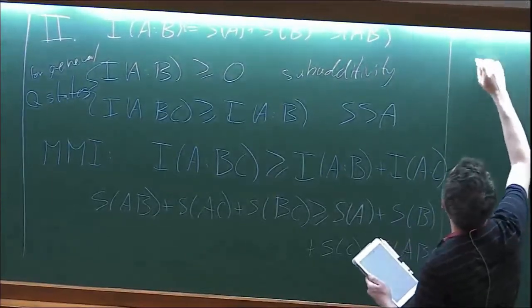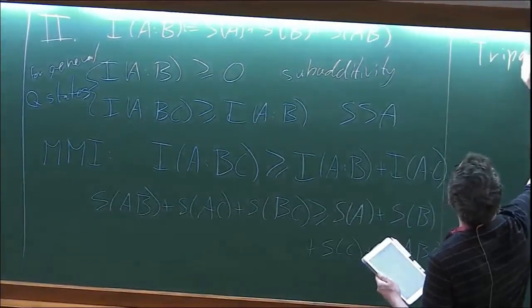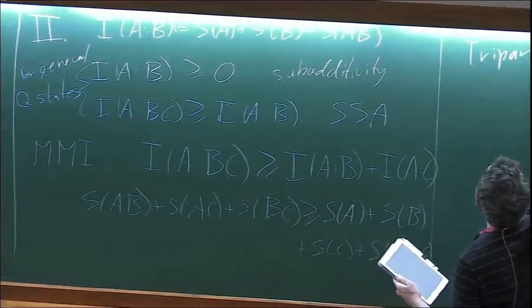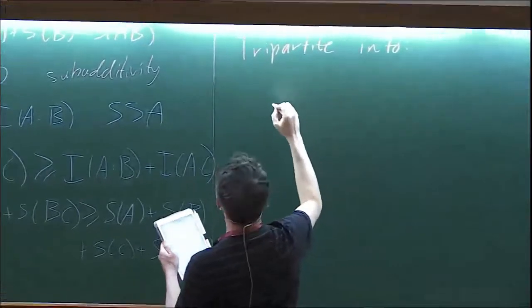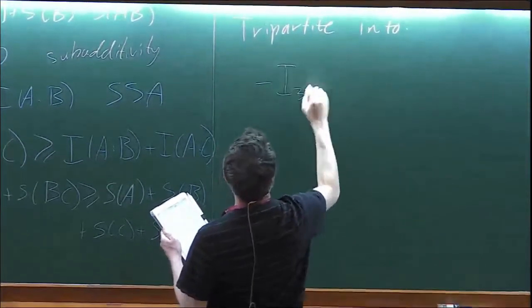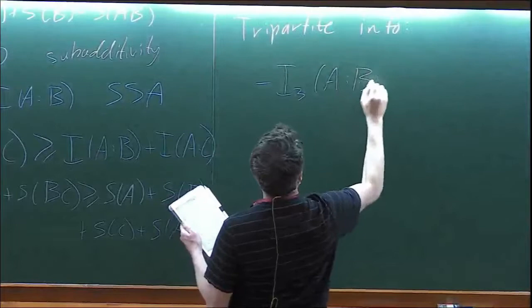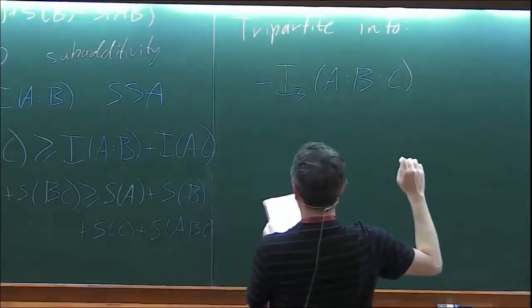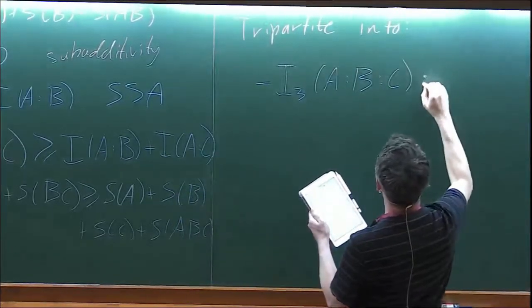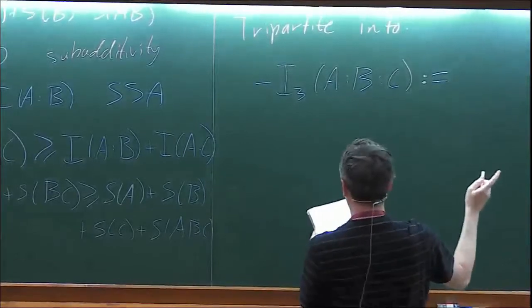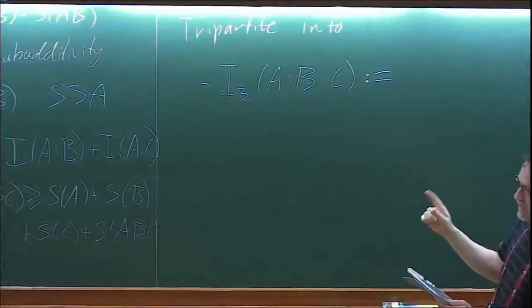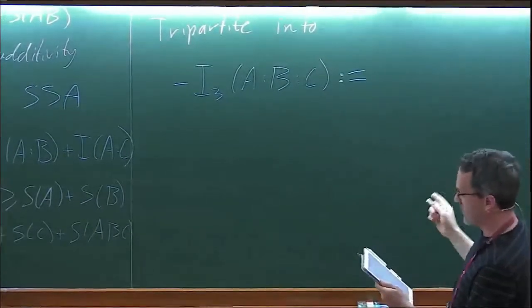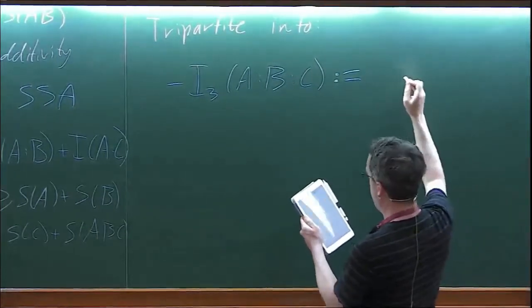So I'm going to define a quantity which is the generalization of mutual information, the tripartite information, and this thing has a funny name. It's called minus I3. Some people define I3, which is defined as the negative of minus I3, but minus I3 is really a much more natural quantity, so you should never talk about I3, you should only talk about minus I3.